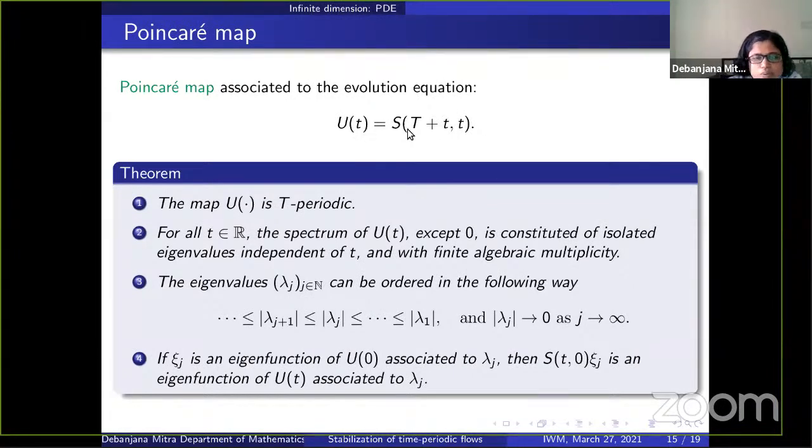Here we need to study the behavior of this Poincare map explicitly, and in particular we obtain the result that the map is T periodic. Most importantly, we wanted to know the spectrum of this Poincare map, and it turns out that other than zero, whatever elements it has in the spectrum are all eigenvalues, they are independent of T, and they have a decreasing property: the modulus of lambda j goes to 0 as j goes to infinity.